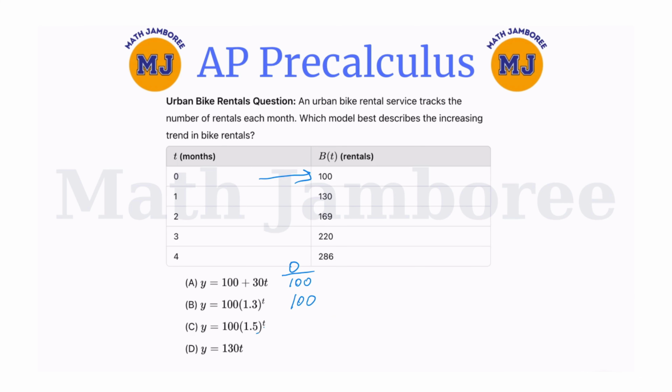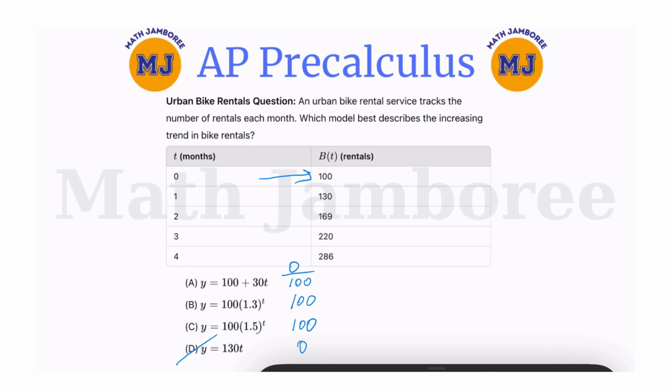And 1.5 to the power of 0 is still 1, times 100 gives you 100. 130 times 0 is 0, so therefore D cannot be the answer.